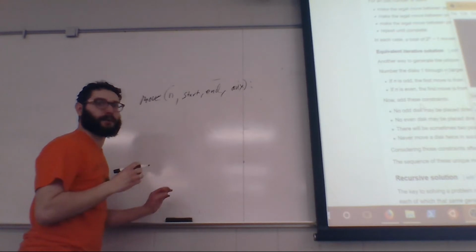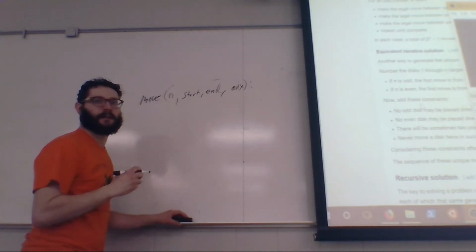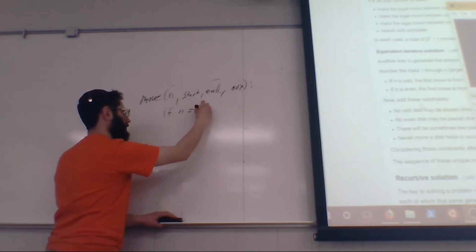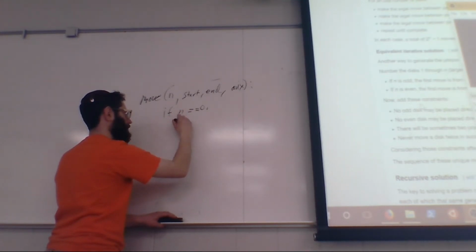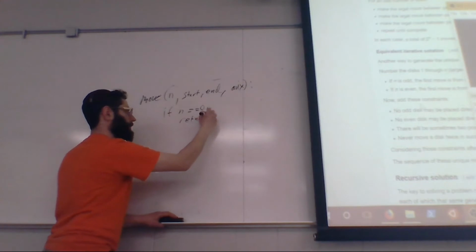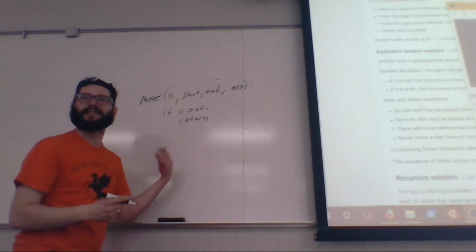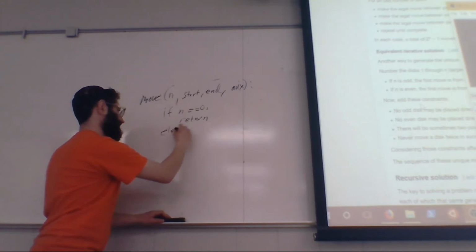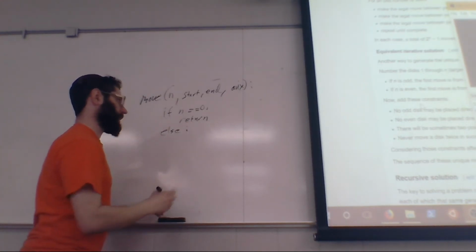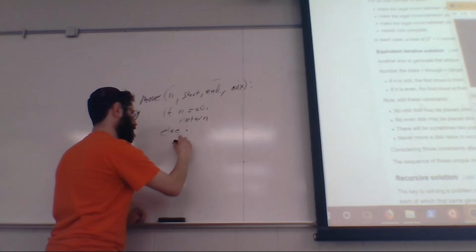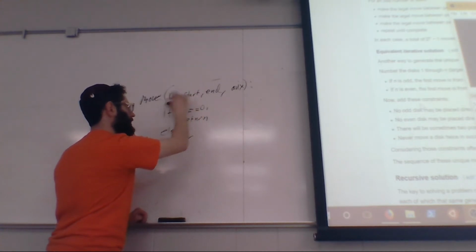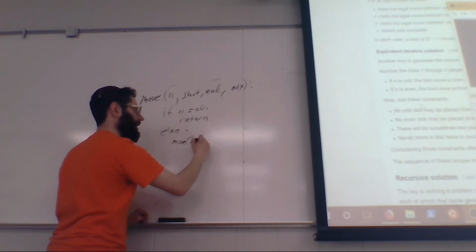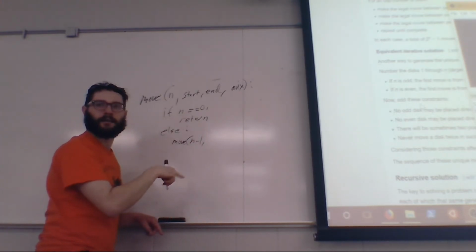We got to, if this is recursion, I've got to come up with a base case. If n equals 0, okay, I'm done, right? If there's no disks, then stop doing stuff, right? Okay, else, okay, what's my plan? My plan was, if I'm moving n disks from the start to the end, the first thing I have to do is move the top n minus 1 disks out of the way, right?